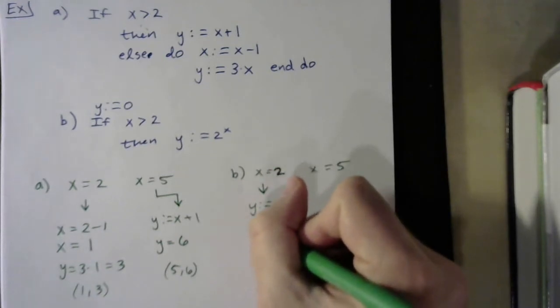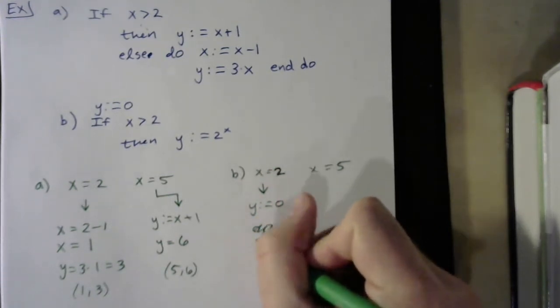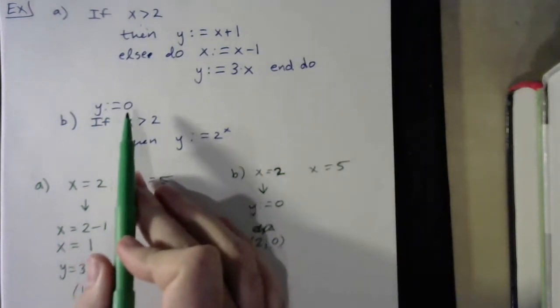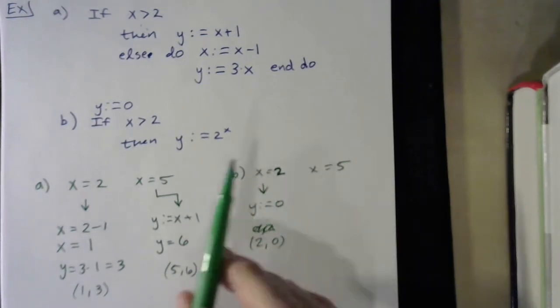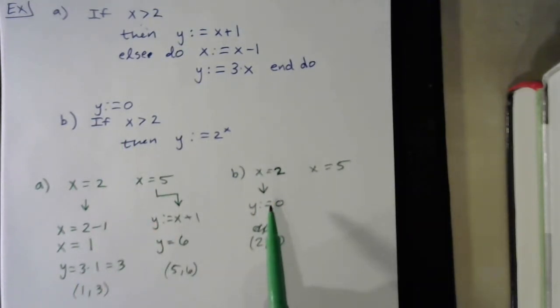And we get 2, 0, because our algorithm defines y as 0 to start. So when x is 2, we fail this conditional. And so this is all we have.